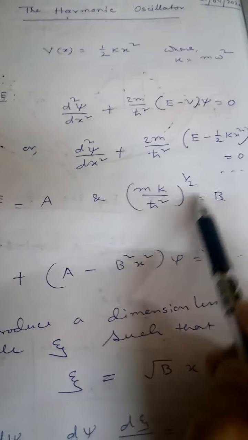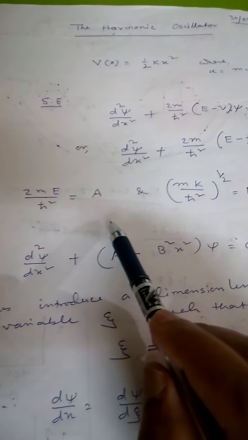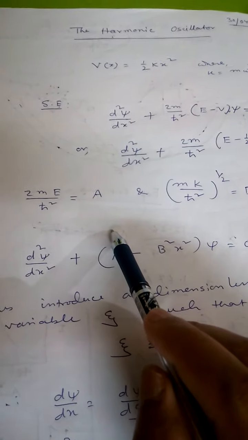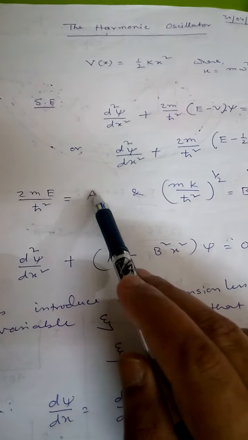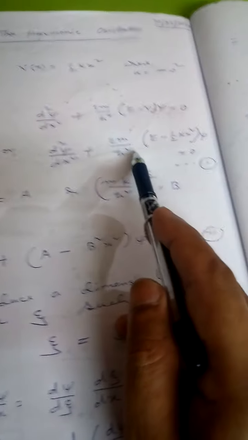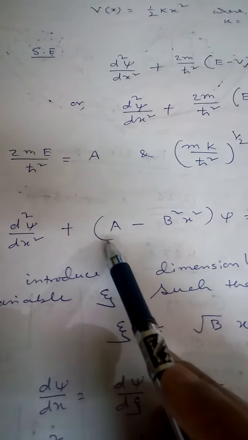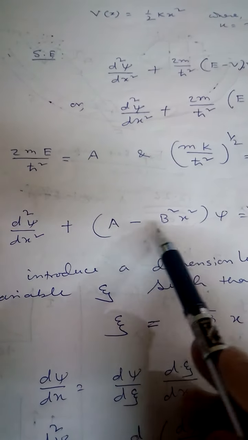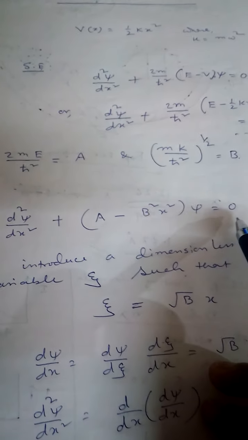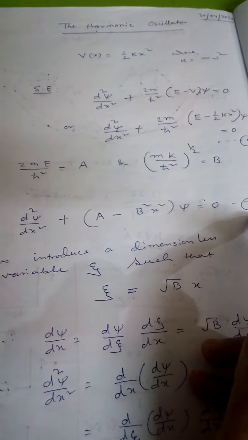Clear? So this is our b and this is our a. Putting these values of a and b in equation 1 we get d square psi by dx square plus (a minus b square x square) psi equals 0. Let it be equation number 2.